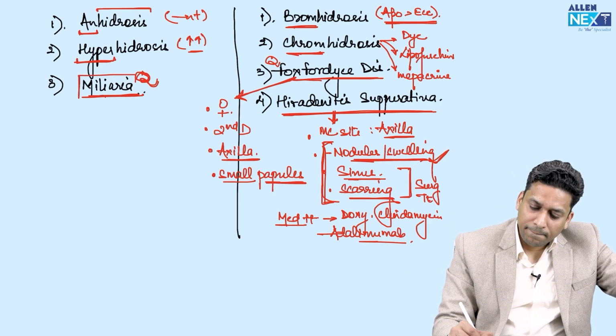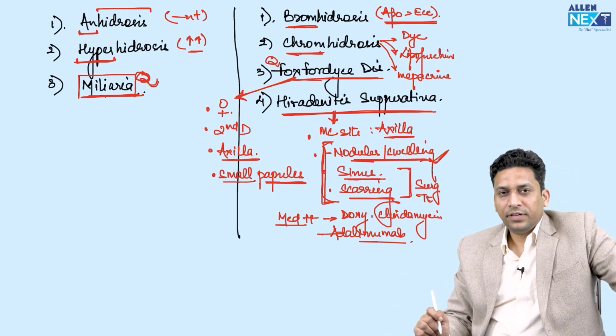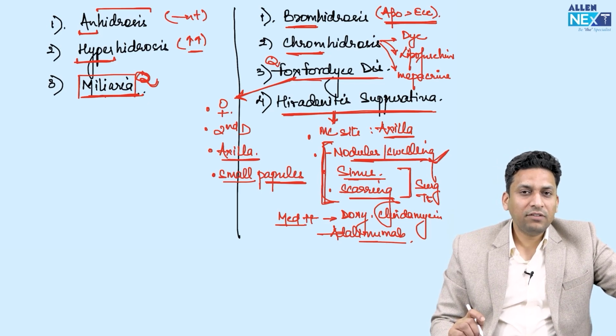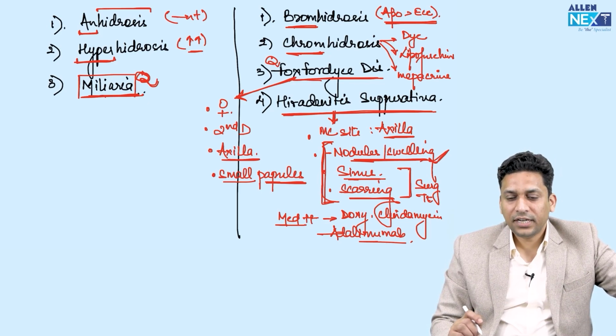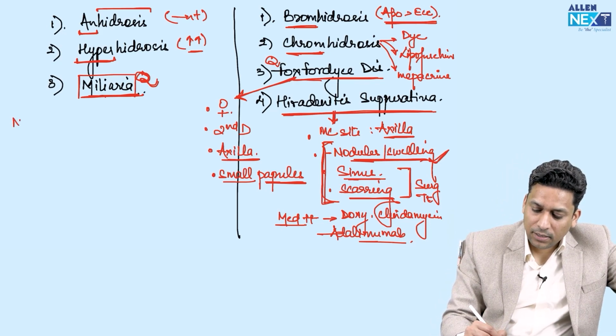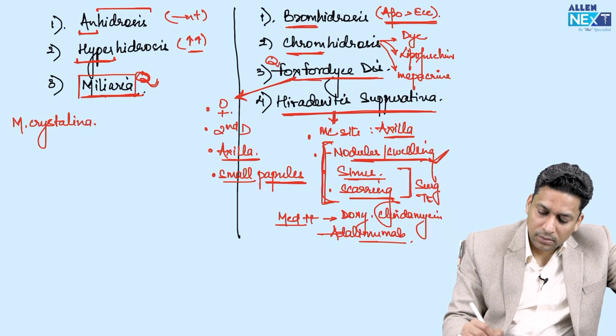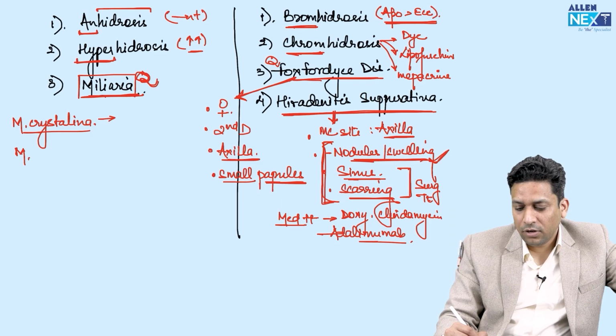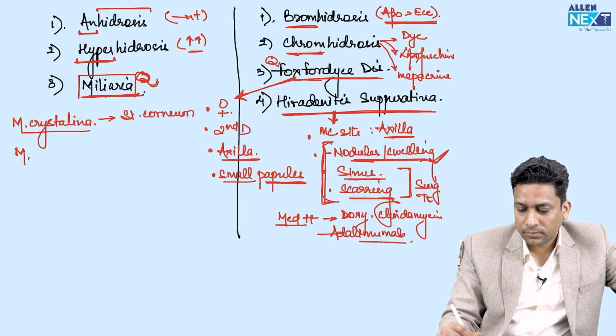Miliaria is due to blockage in the duct of eccrine sweat gland. And depending on the level of blockage, you can further classify miliaria into three types. You can call it miliaria crystallina if the blockage is at the level of stratum corneum.